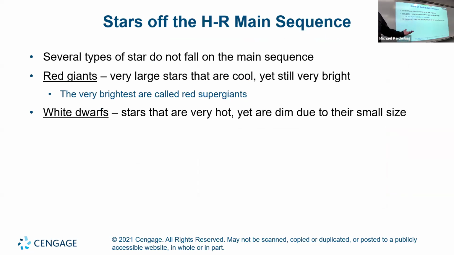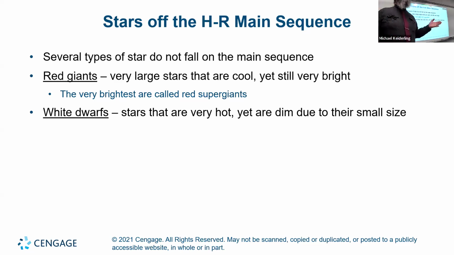So several types of stars are not on the main sequence. The main sequence is where most stars are when they live most of their lifespan. There are red giants, which are very large stars that are cool yet still very bright. And the very brightest of these are called red supergiants. These are huge stars.